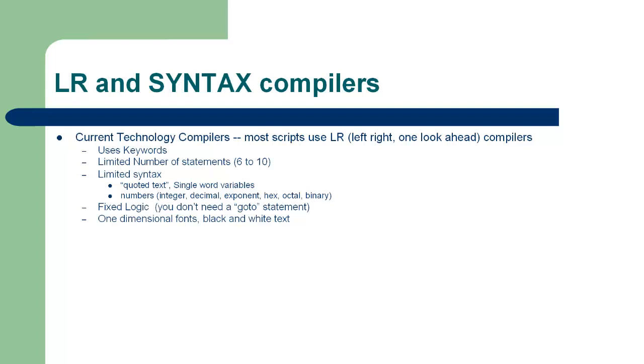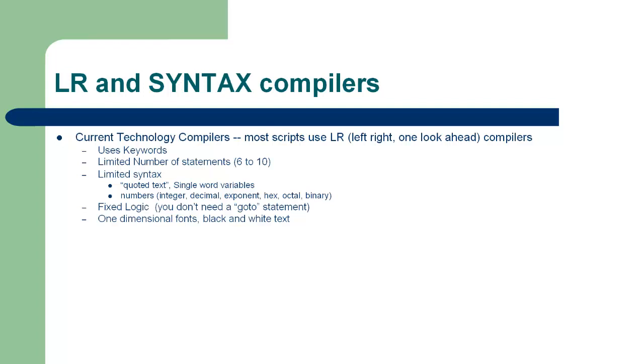So it's very, very limited in how we write our applications. It has very limited syntax reference. It basically has a quoted text. So it's either a quoted text or single word variables, or it's a number. So we have an integer format, a decimal format, and an exponent format, hex, octal, and binary, and that's it.